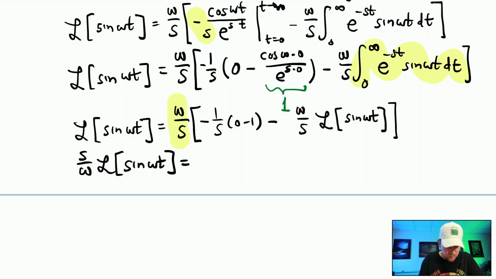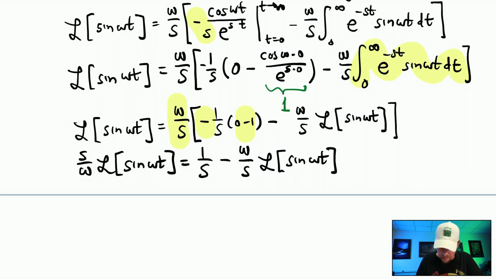And here, this minus 1, that minus 1 cancel out, and we're left with 1 over s minus omega s, the Laplace transform of sine omega t, like this. This right here is an algebraic equation that you can actually use to solve for the Laplace transform of sine omega t, right?